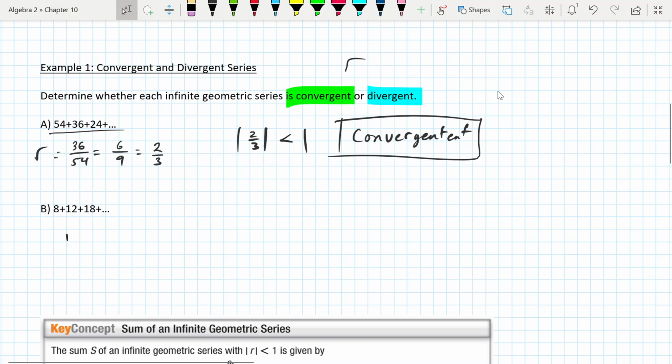Here I take the second term divided by the first term. I know it's a geometric series, so I just have to figure out what the common ratio is. And I see I've got 12 over 8, which, they're both divisible by 4, so how about 3/2? The absolute value of 3/2 is greater than or equal to 1. So this would tell me it is divergent.